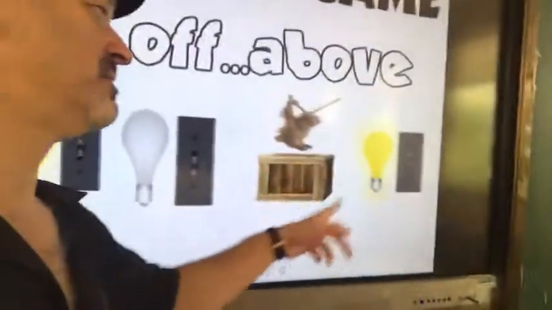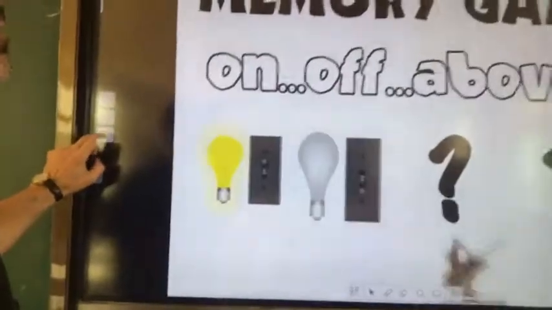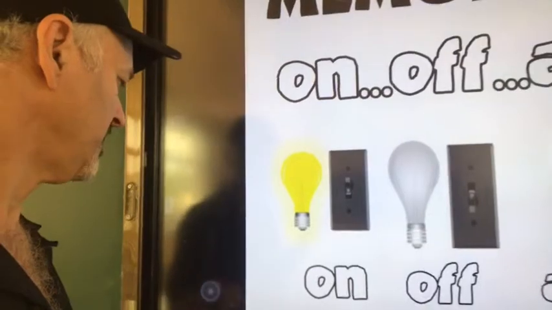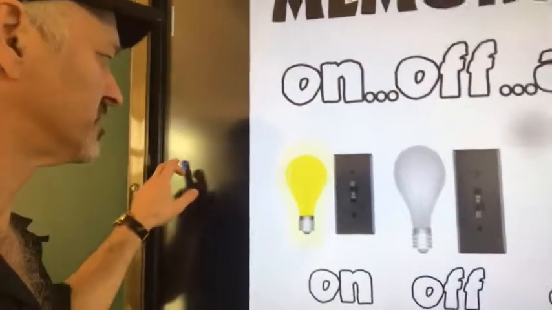Once again, this time I'm using on, off, above, on. What was this? Very good. And then I add the words too if you want to go over it as a secondary review. Usually they're pretty good at this stuff. Let's see what else.